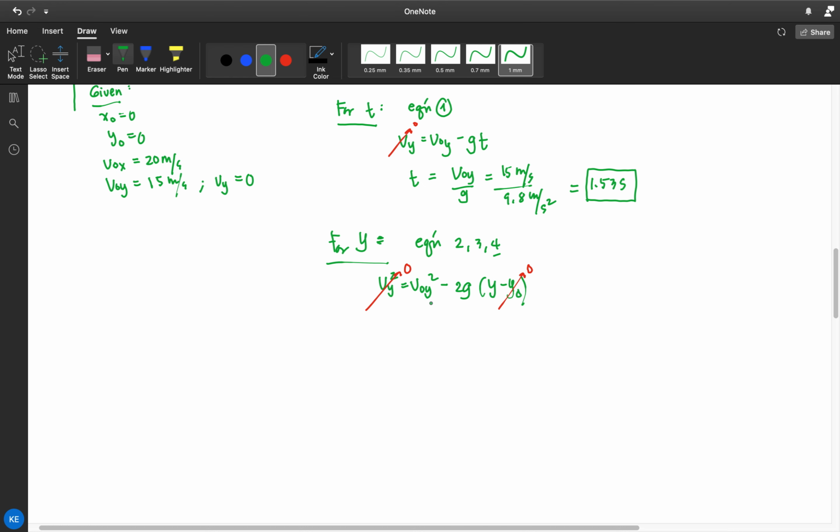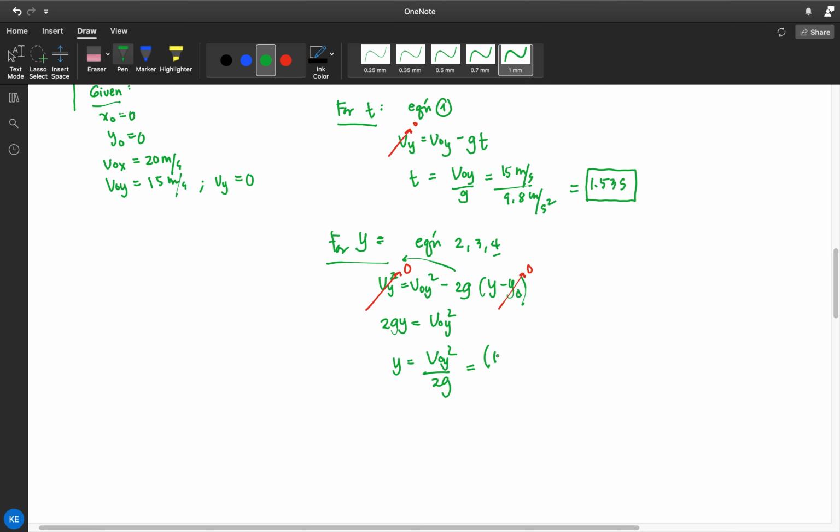Add 2gy to both sides, or transpose it to the other side of the equation. So 2gy is equal to Voy squared. Divide both sides by 2g, so y is equal to Voy squared over 2g.